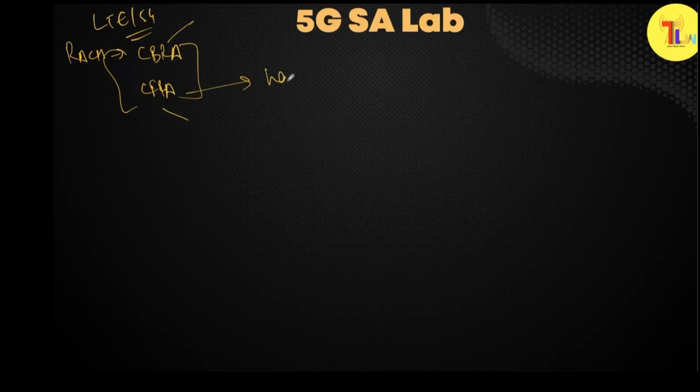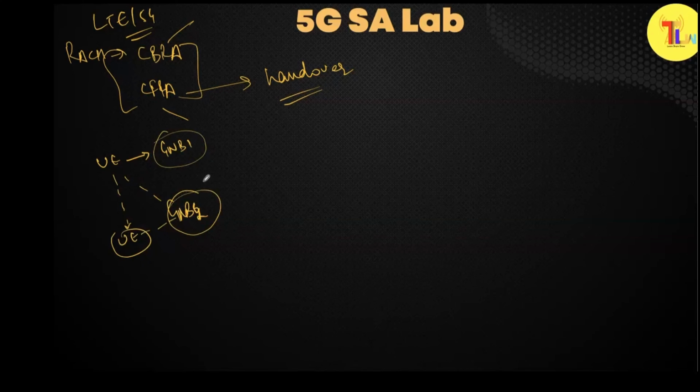I have told you that RACH happens whenever handover is happening, when the UE is moving from one cell, say G node B1, to G node B2. The UE is moving from here to here and wants to connect with this one.